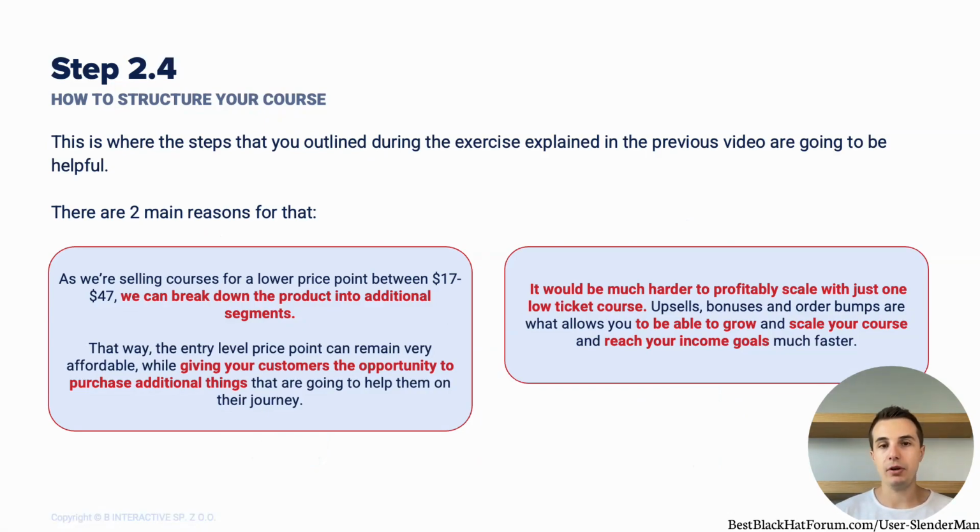Because upsells are so incredibly important, there's a separate video in this step explaining them in detail. So in this video, I'll be focusing on other details, and we'll cover upsells in a separate video because they're incredibly important and they're literally going to be the number one thing that's going to help you make dramatically more revenue with your course.